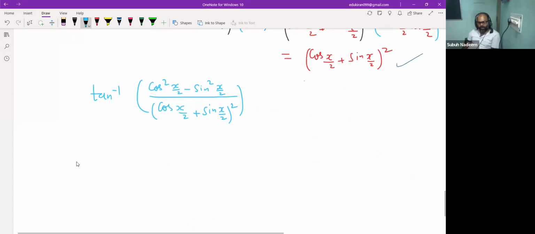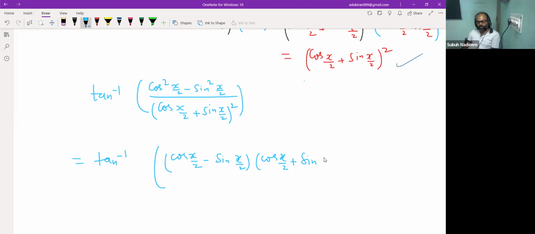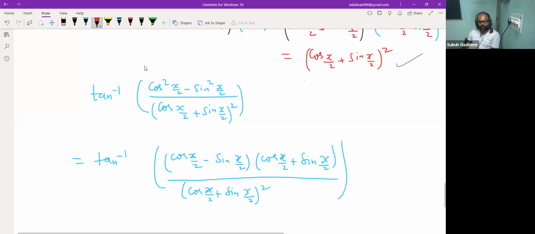So, in the next step, what we have done is cos x by 2 minus sin x by 2 into cos x by 2 plus sin x by 2. That is the identity of a square minus b square. And the denominator, we keep it like this only. So one cos x by 2 plus sin x by 2 term will get cancelled with this square.